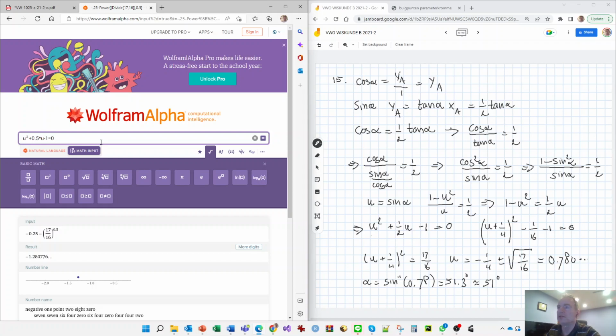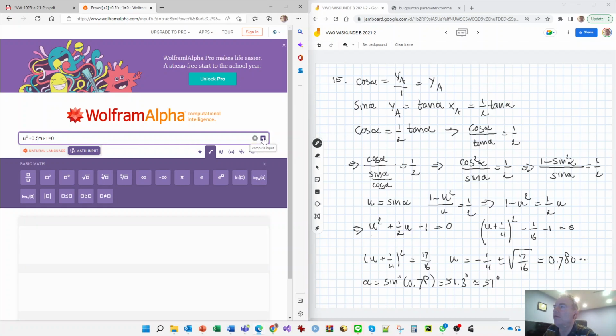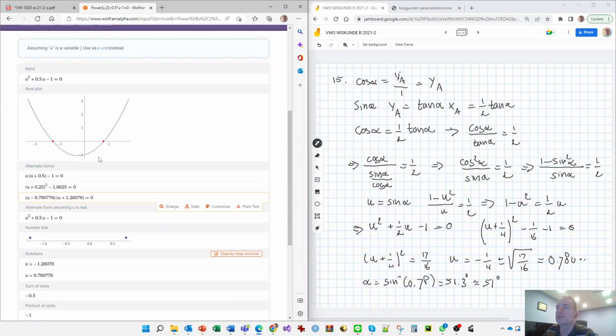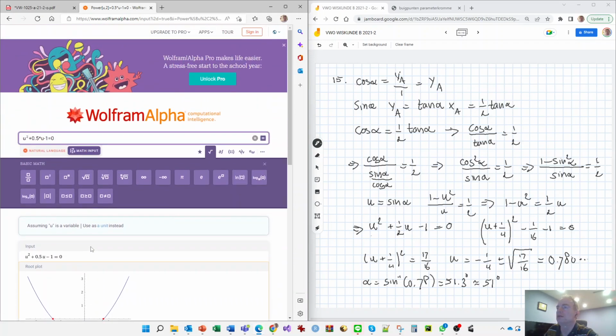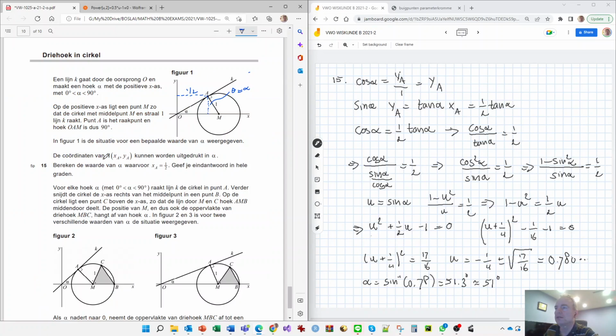So I set this equal to 0. Yeah, these are the numbers I got. So yeah, I would just use this. And I think that is what was being asked here. We have to get alpha. Okay.